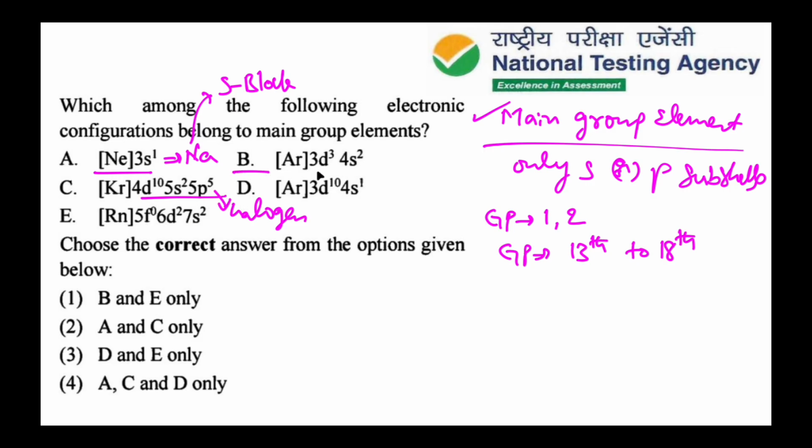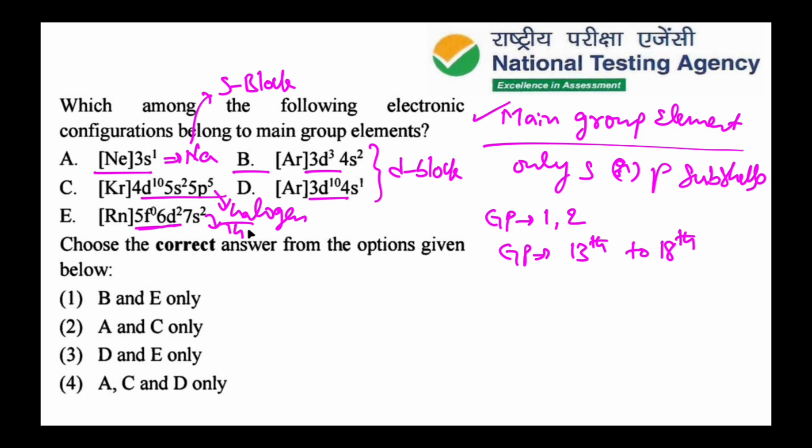Come to the point of B. So here the valence electrons are in the 3d orbital. So these are d block elements. So these are not main group elements. Then option E, containing 5f and 6d orbitals. So this is near to an f block element. So this is nothing but thorium. 6d and 5f involvement is there.